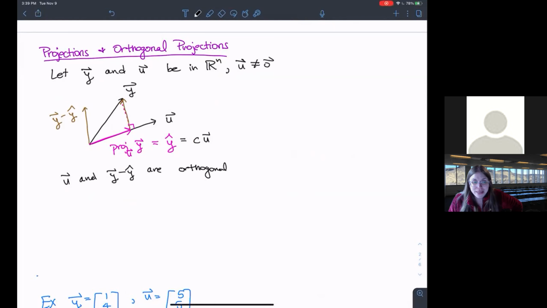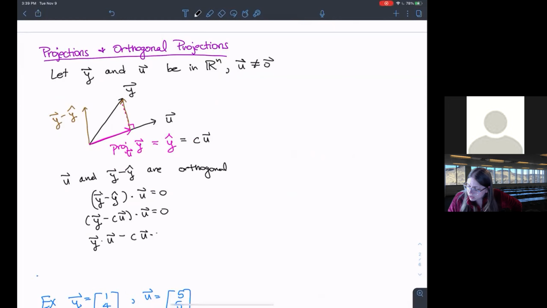So for us, what does that mean? That means that y minus y hat dot u equals 0. But that's y minus cu dot u equals 0, or y dot u minus c times u dot u equals 0, or y dot u equals c times u dot u.